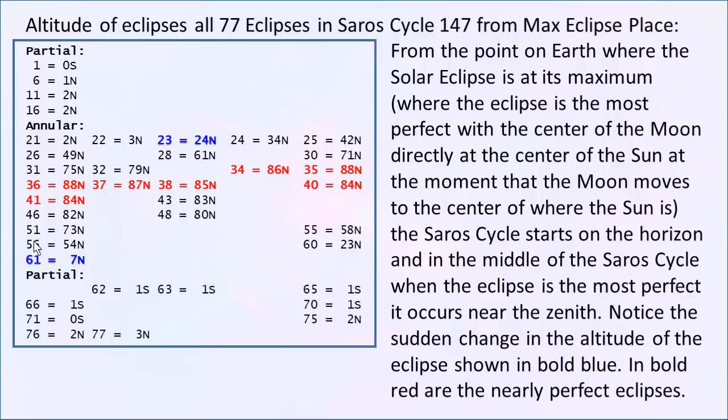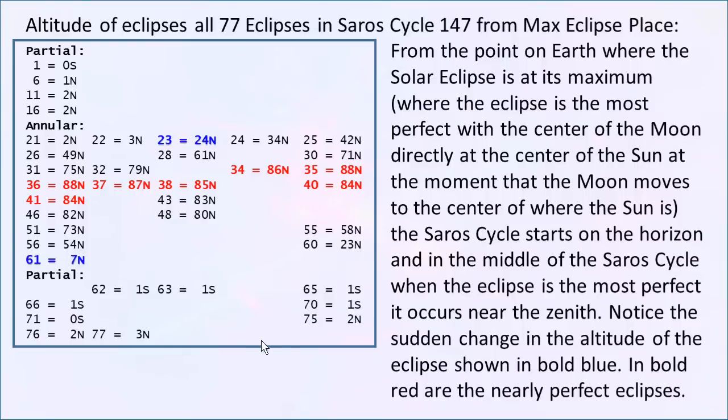And notice this sudden drop from the 56th eclipse in the Saros cycle to the 60th. Four later, it's gone from 54 north to 23 north, and then 23 north to 7 north in just one eclipse. Just 18 years, 11 days, and 8 months later, the next one jumps.